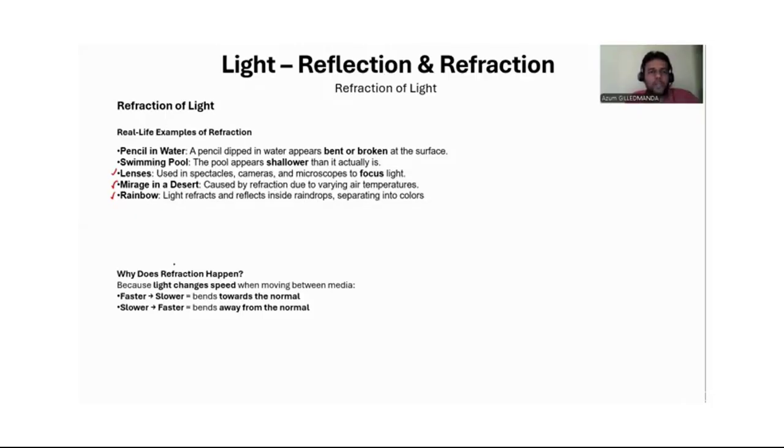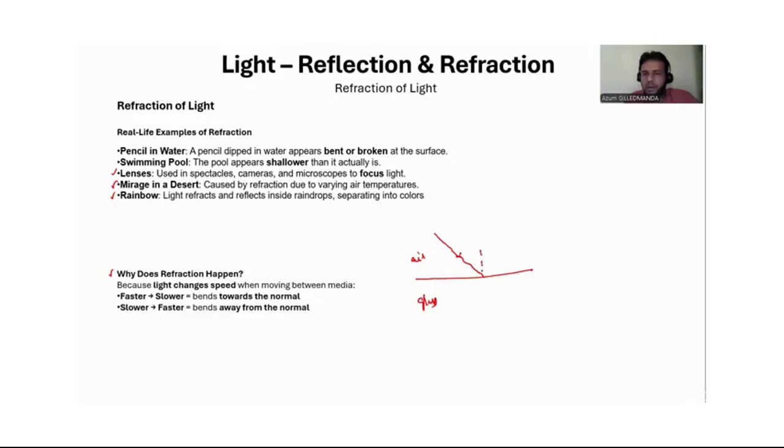And also, why does refraction happen, right? This is a key thing that I wanted to cover, and this will help you guys. When light changes speed, right? Let's say I have two mediums here. Above it is air, and below, let's say this is glass or water, any dense medium. In air, light travels fast compared to water.